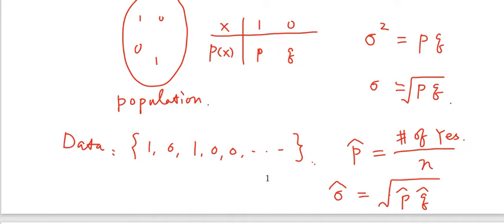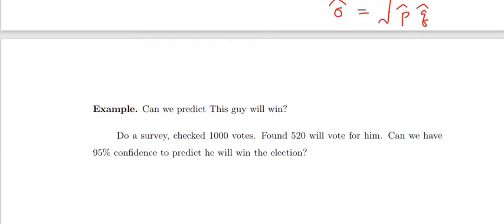Now we can have this kind of formula. Like before, we say x bar plus minus z star times sigma over radical n, right? So now we are changing this. What is x bar? What is the data?